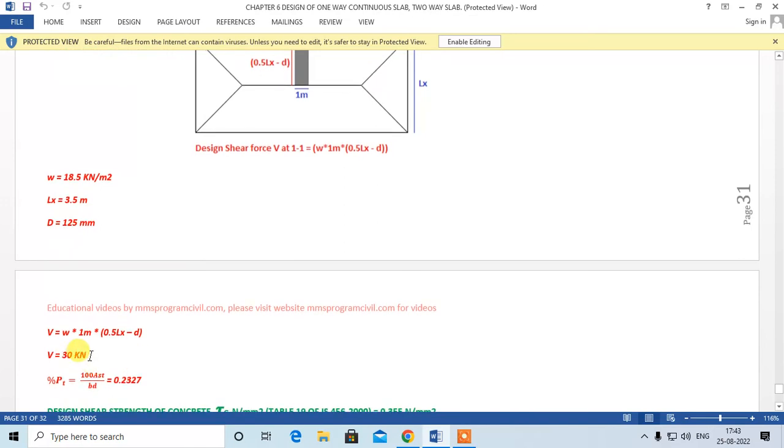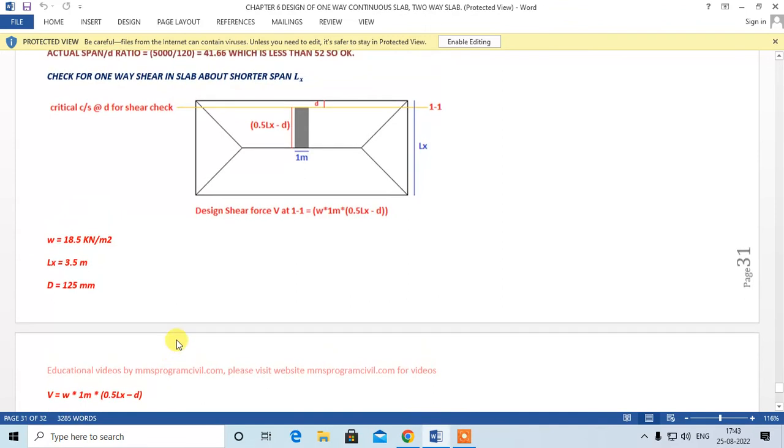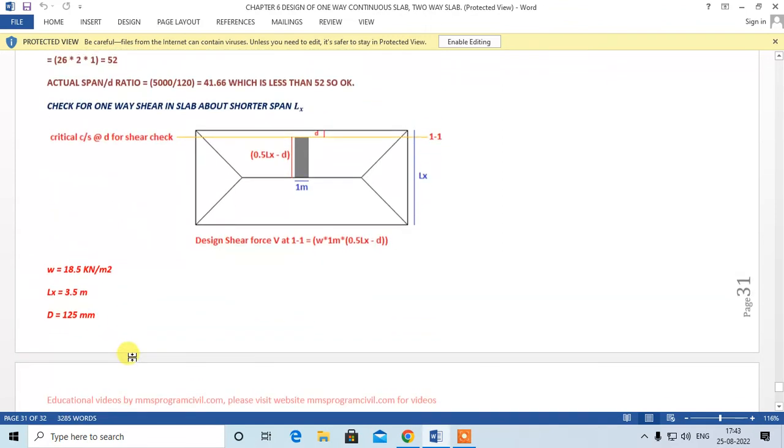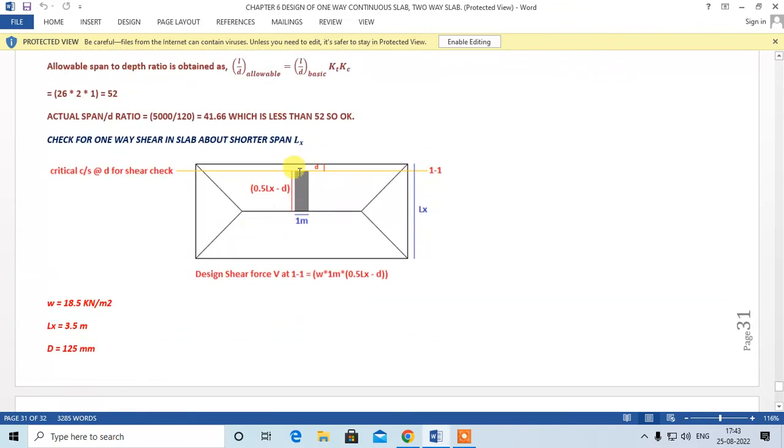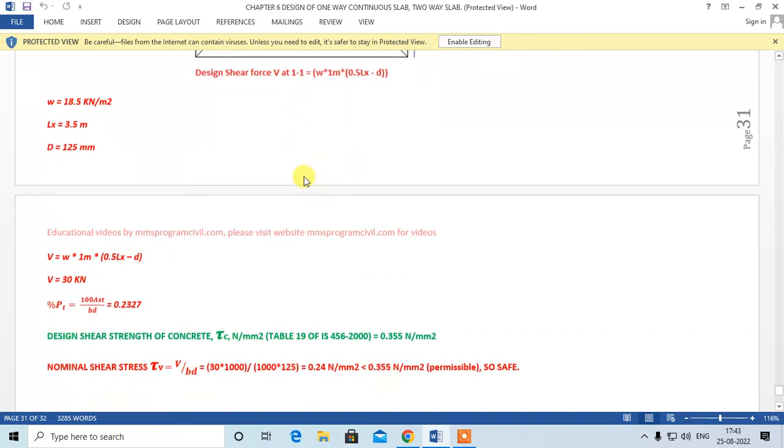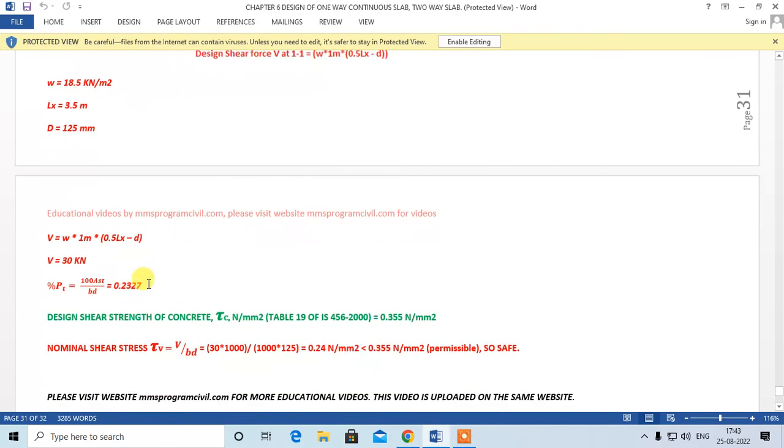So that is equal to 30 kilonewton, right? The tensile percentage of steel that is provided is to be taken at this cross section. At this cross section, the top steel will be the tensile steel because it is near the support, right? So the percentage of tensile steel over here is 0.2327.